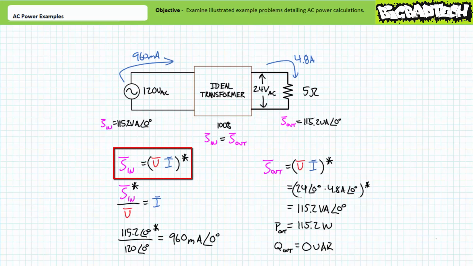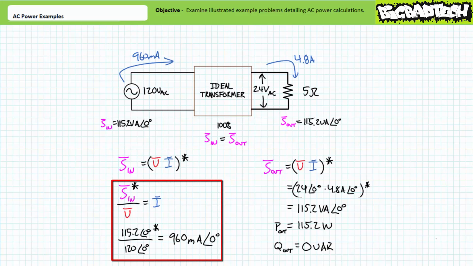Apparent power to the input transformer is the complex conjugate of the voltage times the current. Solving for current and substituting in our given values, again assuming there to be no phase shift between voltage and current given the purely resistive load at the output, we find current to be 960 milliamperes at an angle of 0 degrees. In summary, power in equals power out, not only in magnitude, but also flavor.